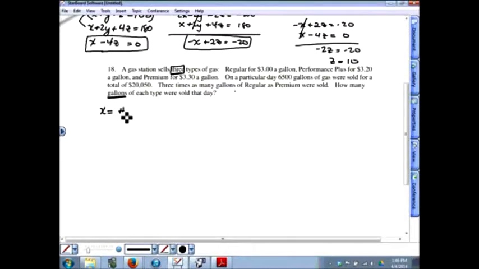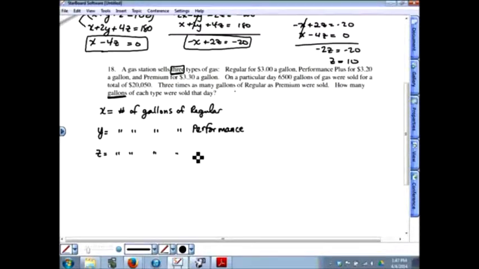So x is the number of gallons of regular, y then would be the number of gallons of performance, and then z would be the number of gallons of premium. So define the variables. Now we have to start setting some equations.